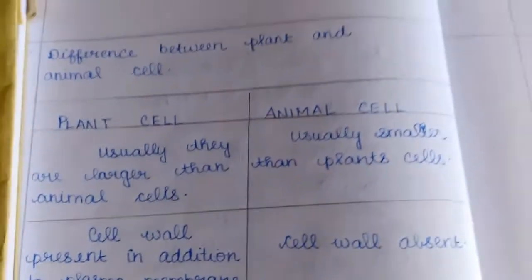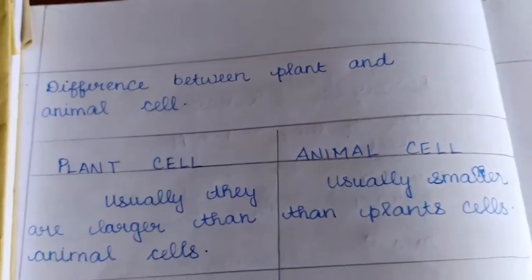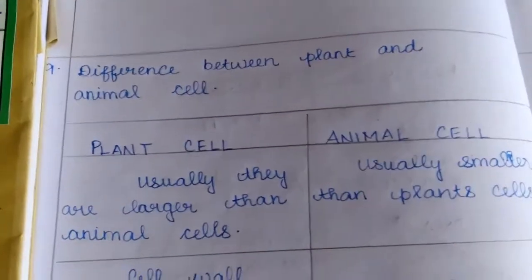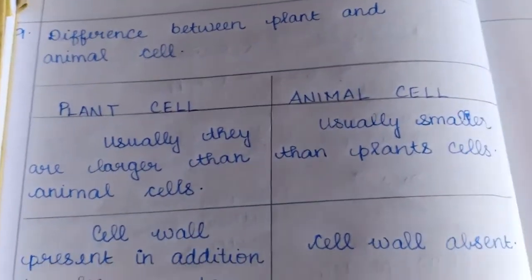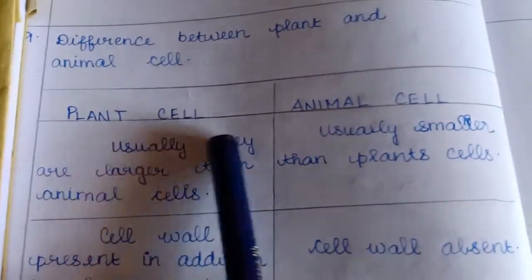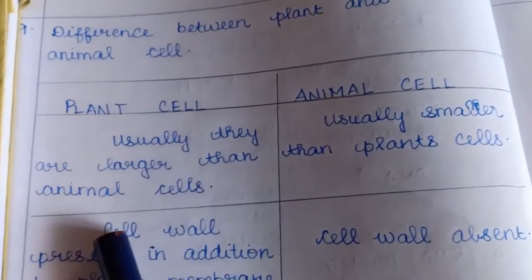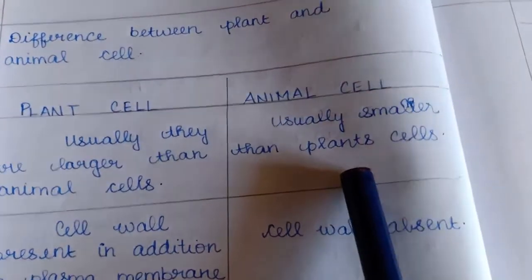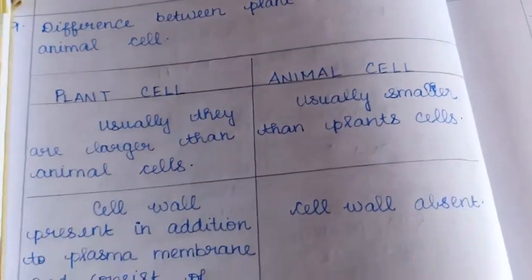Question number 9. Difference between plant cell and animal cell. Right from the lower sections, you will be learning about it. Plant cells are usually larger than animal cells. Animal cells are usually smaller than plant cells.